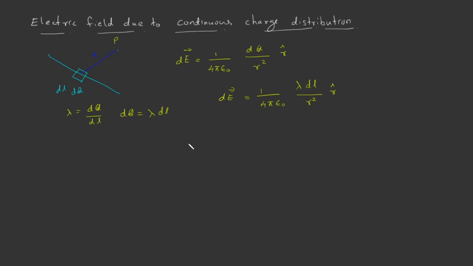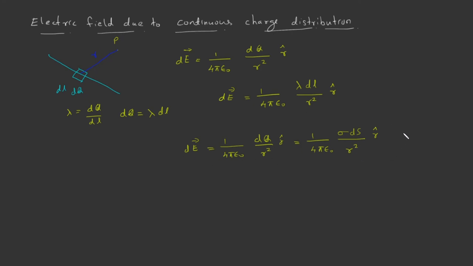In the same way we can write, for surface charge distribution, dE is equal to 1 by 4 pi epsilon 0 dq by r square into r cap, and that is equal to 1 by 4 pi epsilon 0 sigma ds divided by r square into r cap.